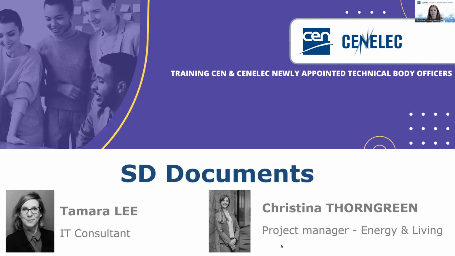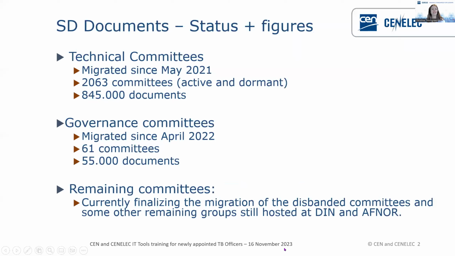Next slide. So some facts and figures about SD documents. Since we started the migration in May 2021, we have migrated a bit over 2,000 technical committees, both active and dormant ones. That includes 845,000 documents.